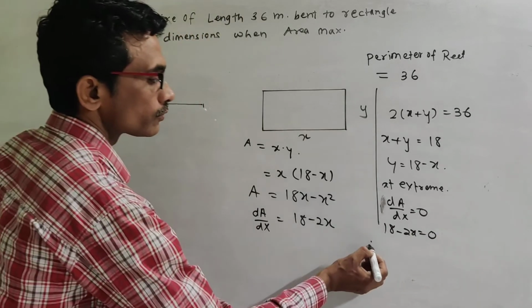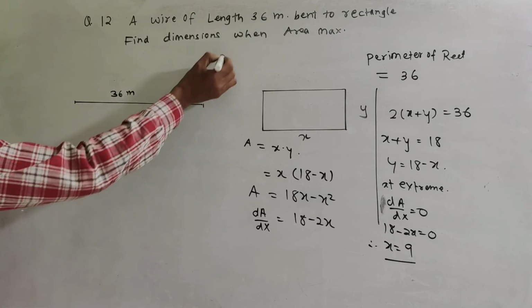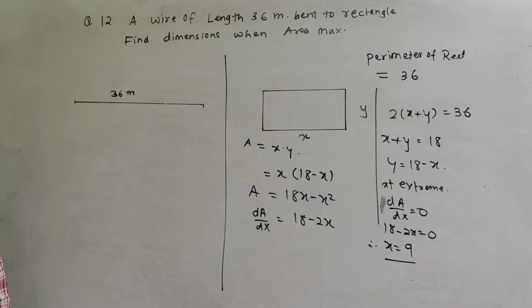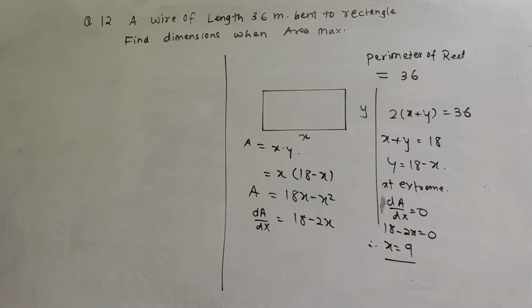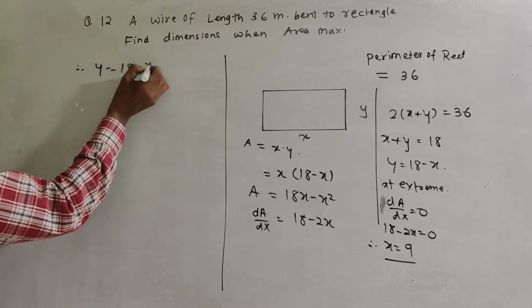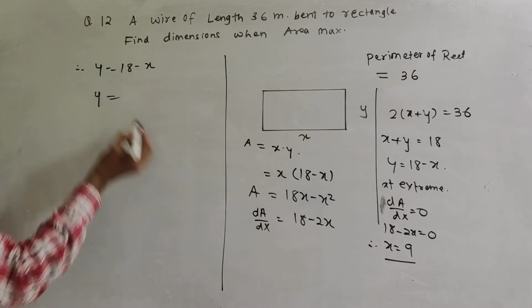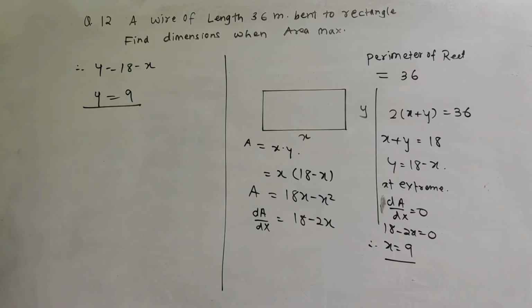Therefore we are getting x is equal to 9. Now y is equal to 18 minus x, therefore y is equal to 9 again. So we get x and y. But what is left?